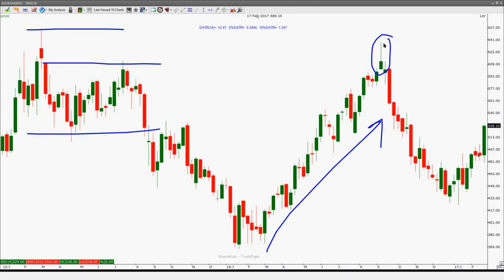Can you see this? The upper shadow is twice the size of the real body, and there is no lower shadow at all. Now the color of this candle is irrelevant for me. The prevailing trend and the location where it is forming are more important for me.